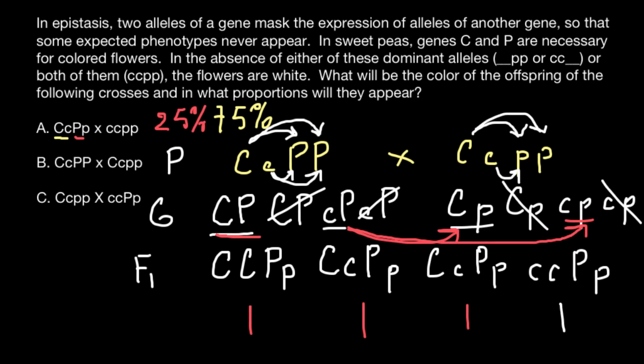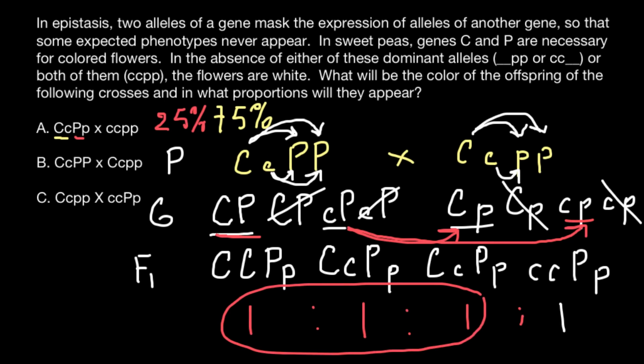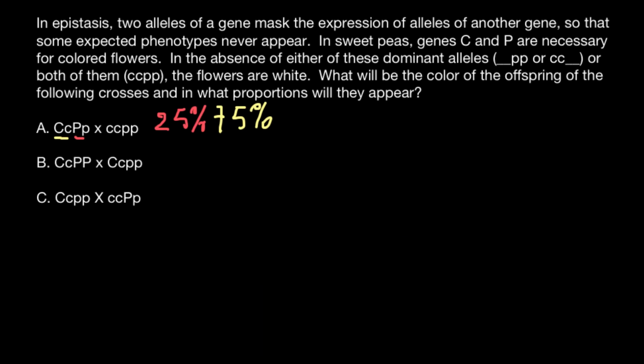So now, as you see, we have a ratio of 3 colored plants to 1 that is not colored. So this is going to be the answer for the second question. So here we would have 75% of the plants that is going to be colored, and 25% that is going to be non-colored.